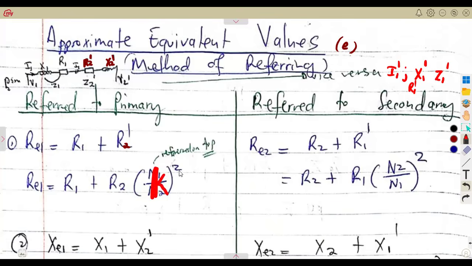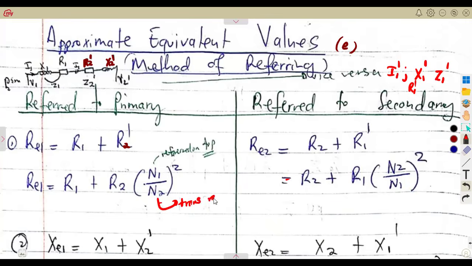They can write this as K squared, where K is the transformer ratio. On this other side, it will be 1 over K. So it depends on the textbook that you are using. N1 over N2, like I said, is representing our transformer ratio.